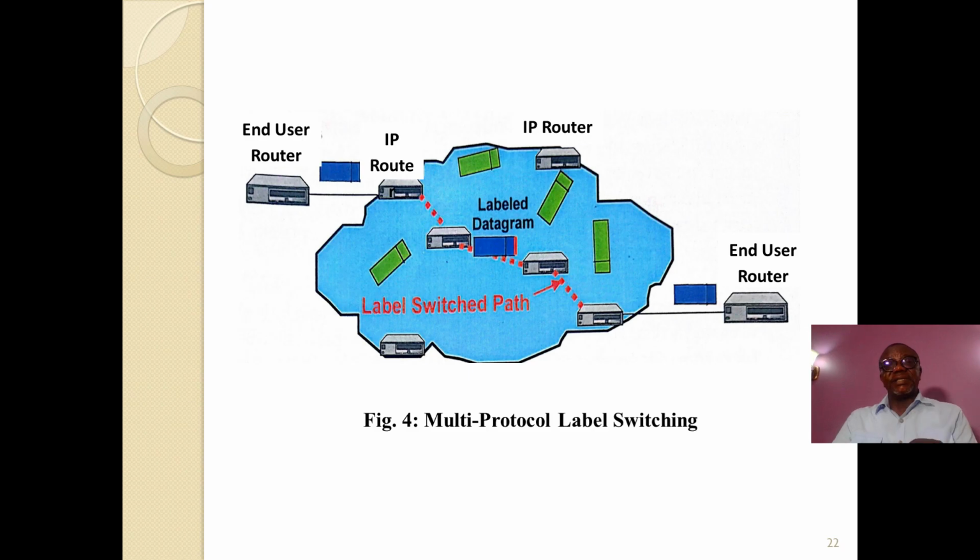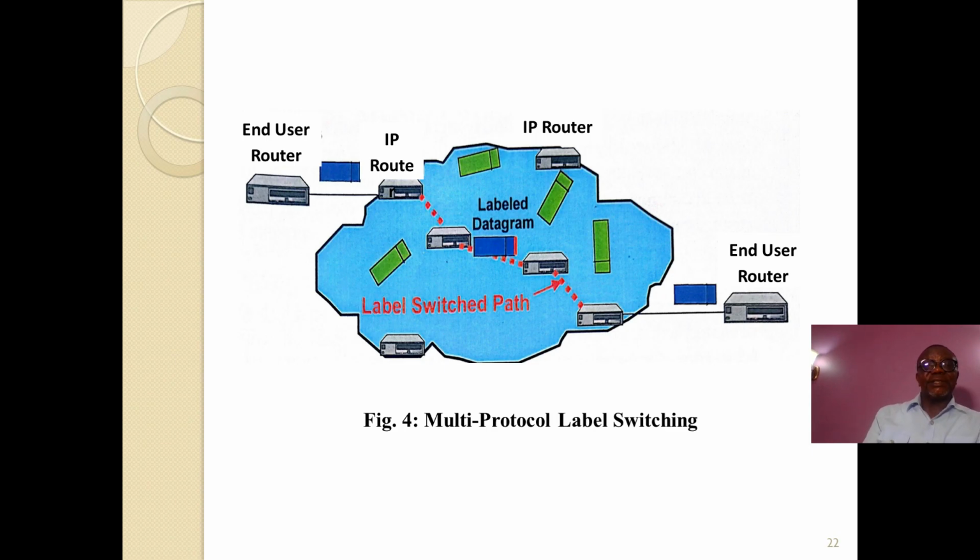But in this case, the end user has established a circuit, that is a line through which the end user on the left will get to the end user on the right through that dotted red line. So when that is done, that dotted red line is called the label switched path. So it's a virtual circuit.